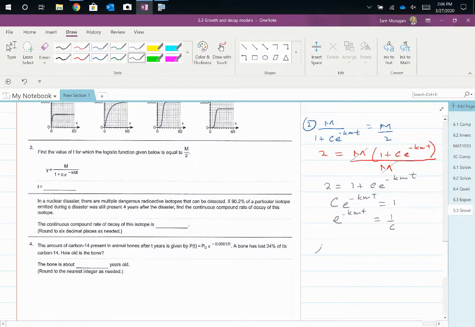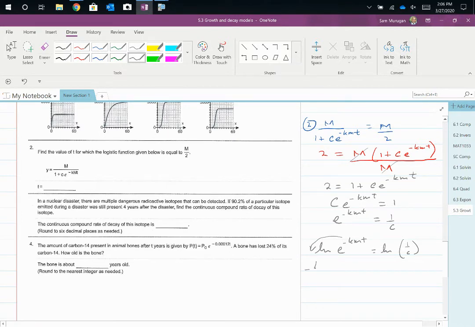Now, taking logarithms on both sides, using the power rule for logarithms, we can bring that kMt to the front.